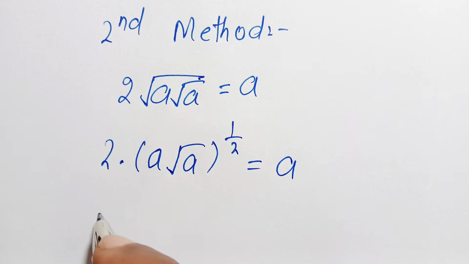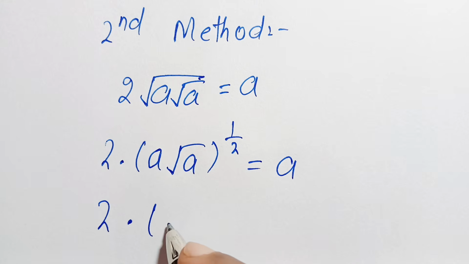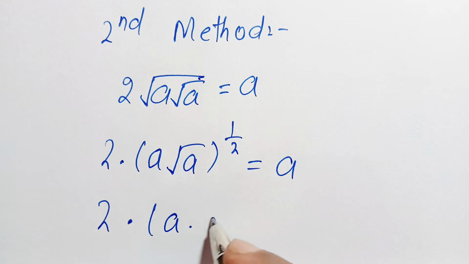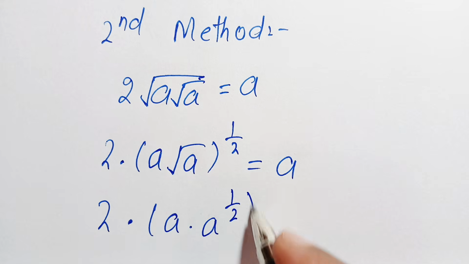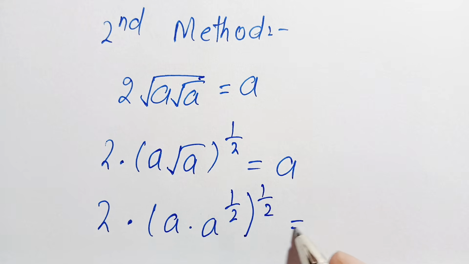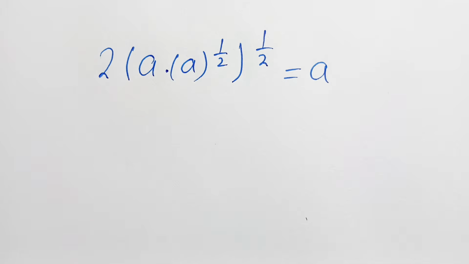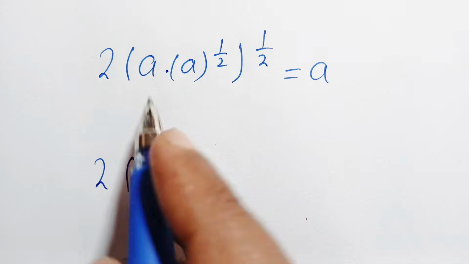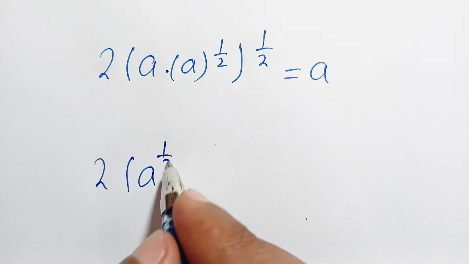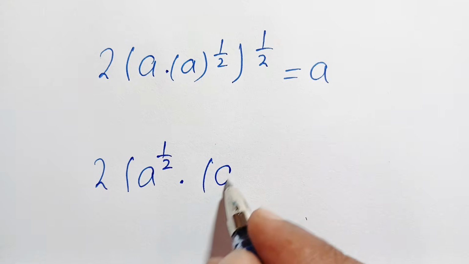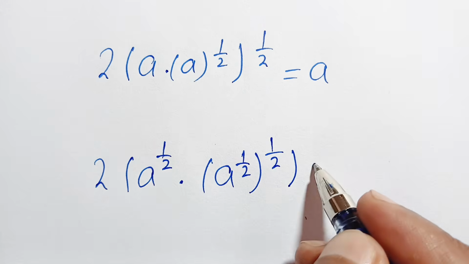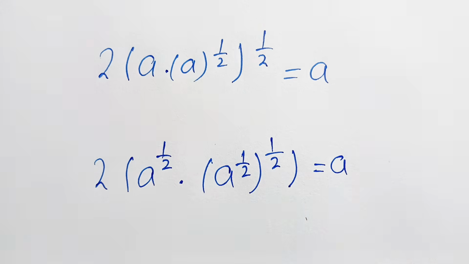Next, here 2 times a into the square root, which is the whole power 1 by 2, is equal to, now this becomes 2 times a power 1 by 2 and also (a power 1 by 2) whole power 1 by 2 equal to a.